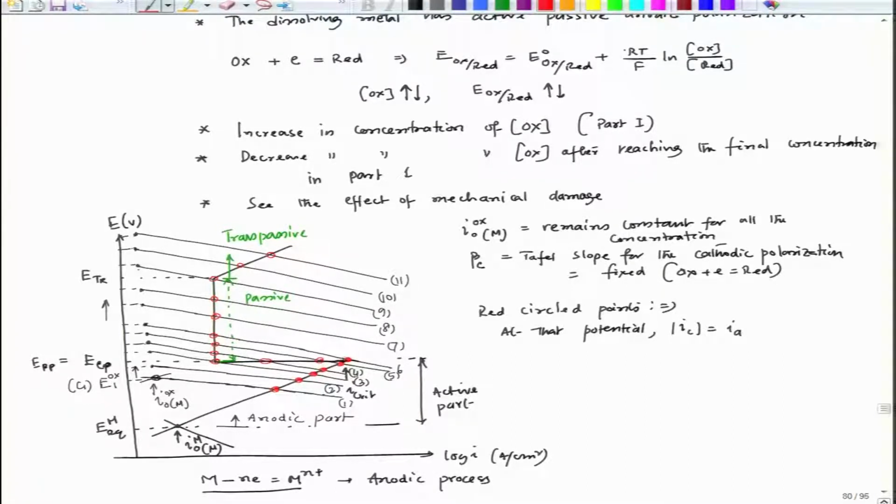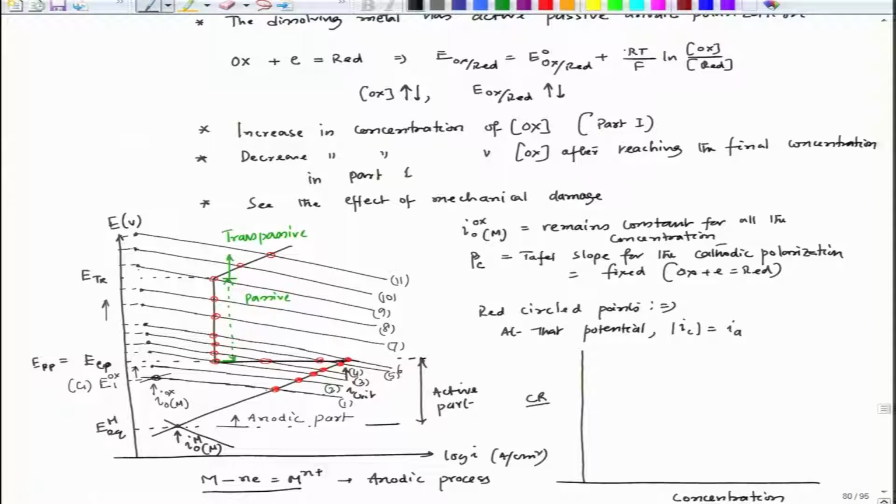So, the corrosion rate, if we try to plot, the corrosion rate plot would be with concentration. This is corrosion rate, CR means corrosion rate.